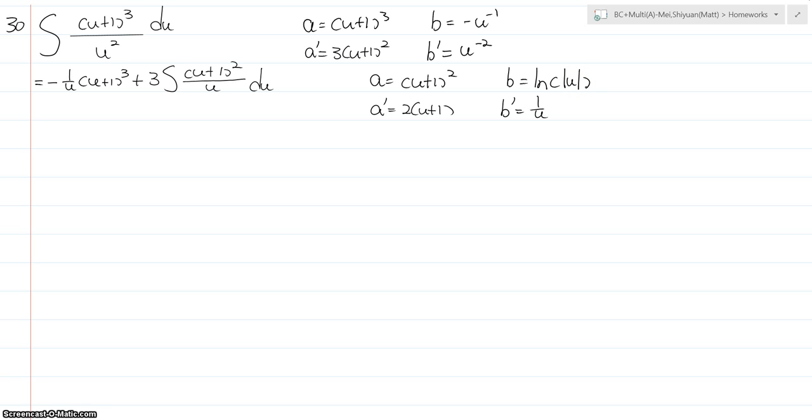So this is along for the ride: negative 1 over u times (u plus 1) cubed, and I'll write it in fully, plus 3 times ln u times (u plus 1) squared, minus 2 times the integral of ln u times (u plus 1) du.